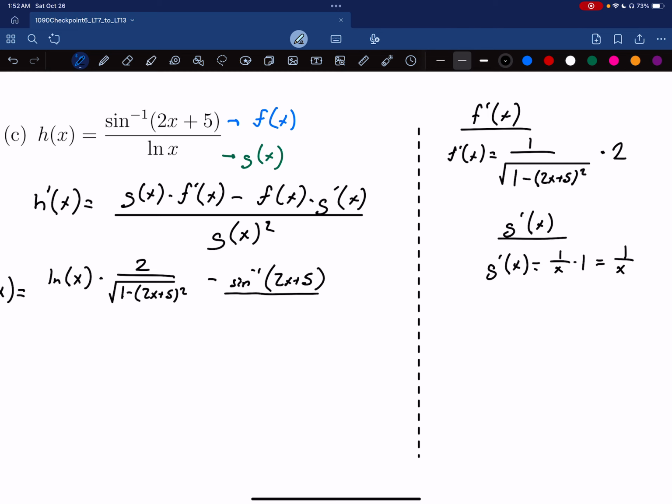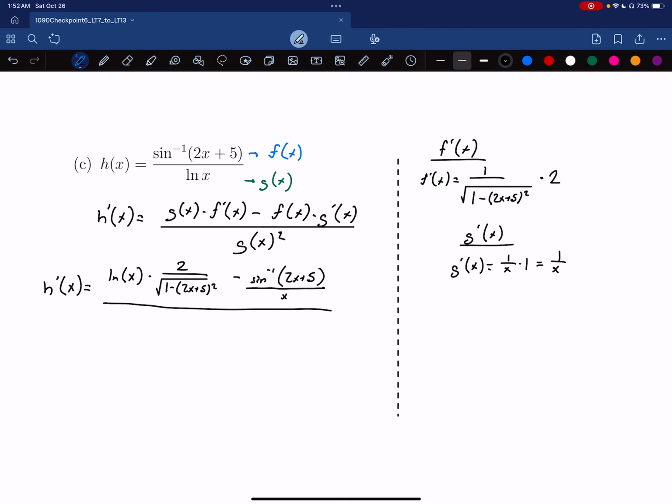I'll just write it like that. And this is going to be all over g of x squared, so ln of x squared. And this is our answer.